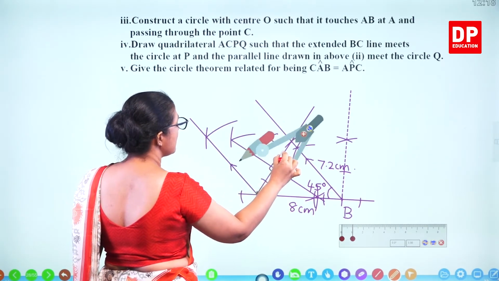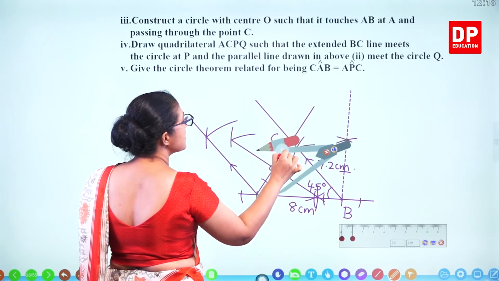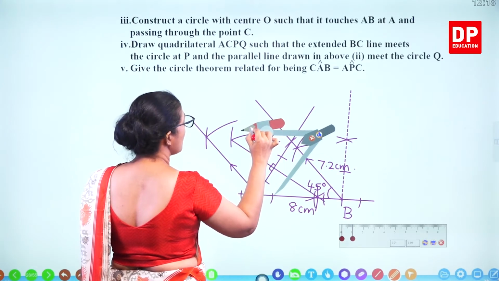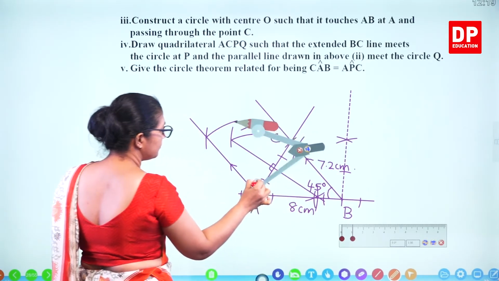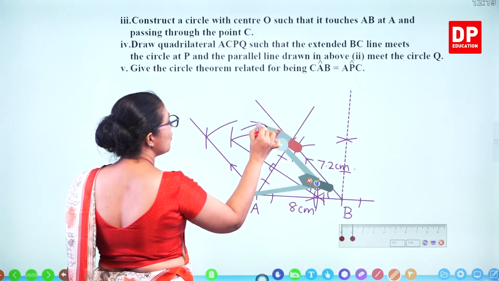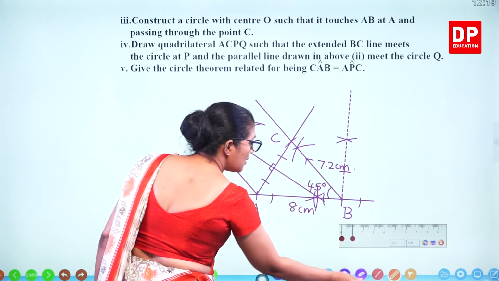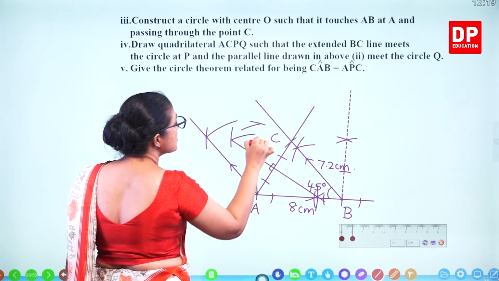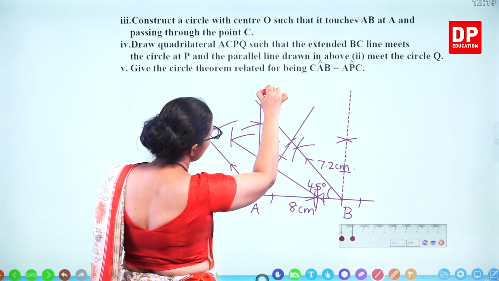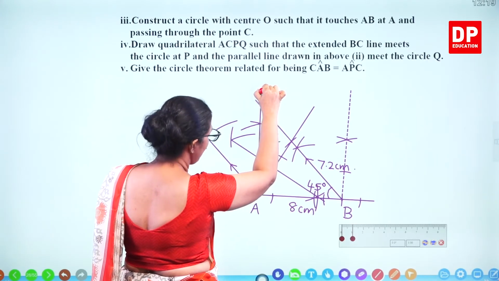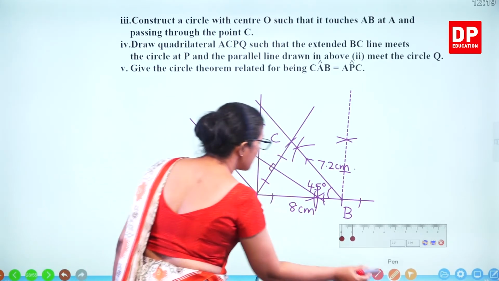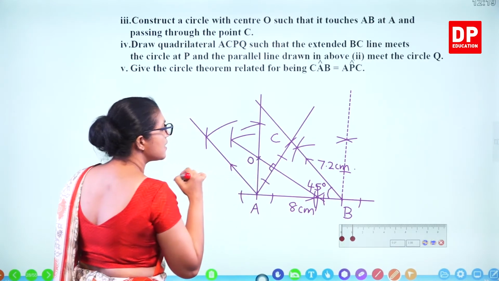The intersecting point of the two bisectors is the center O. So you can draw an arc here, an arc there, and now we see the perpendicular bisector is here, this one to the AB line. Now this becomes O. The intersecting point is O.